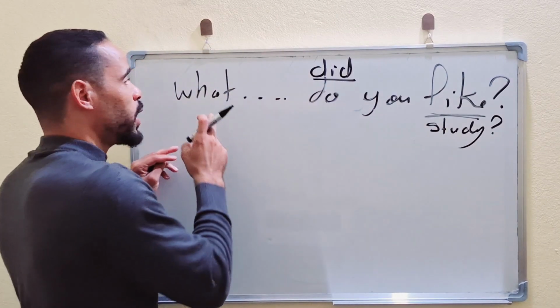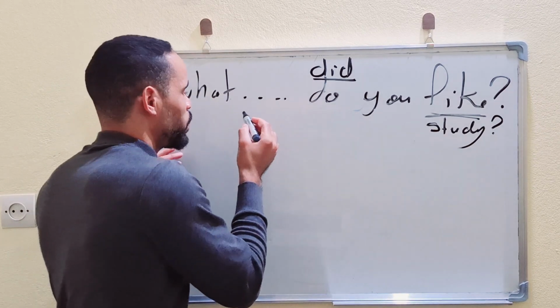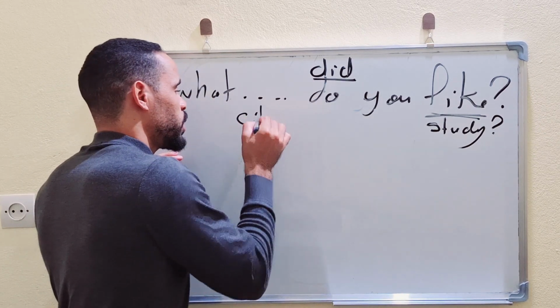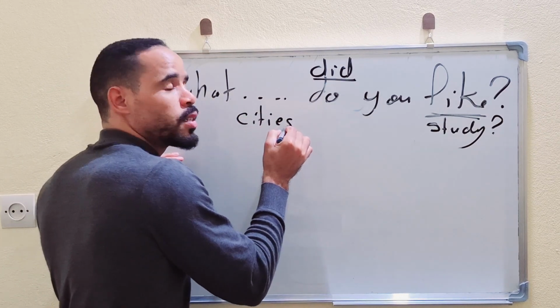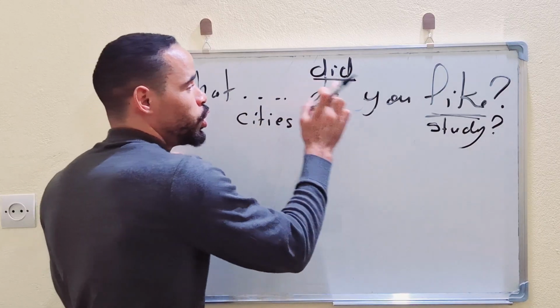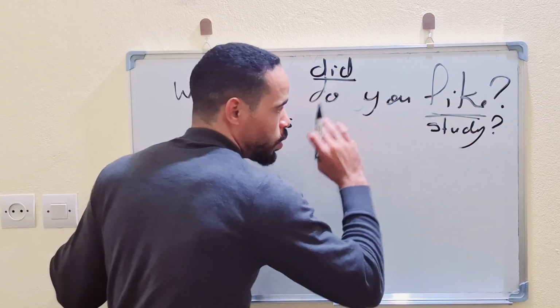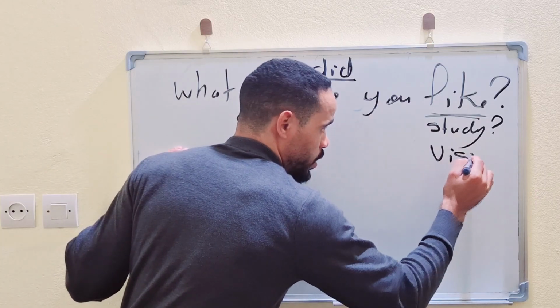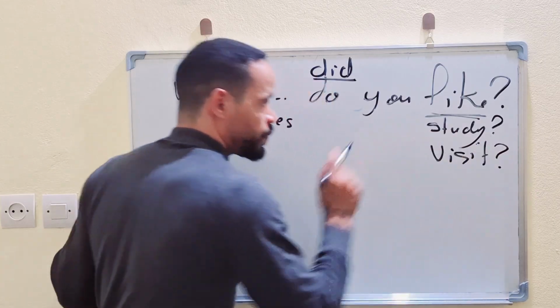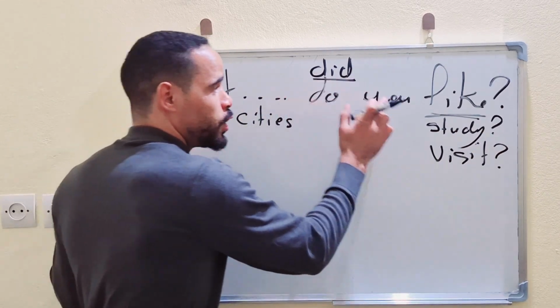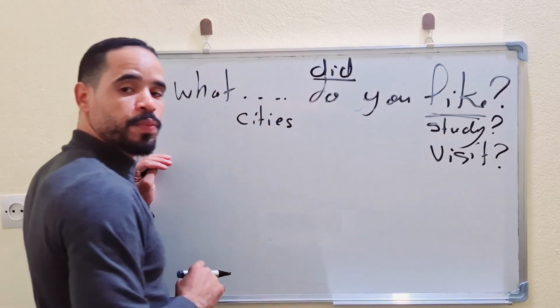Pay attention. We can say what, for example, cities, what cities did you, we cannot say like now, we cannot say study now, but we say visit. What cities did you visit?